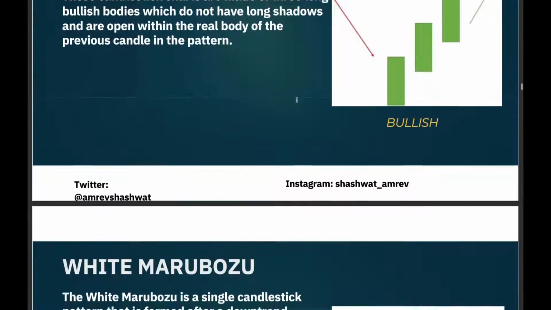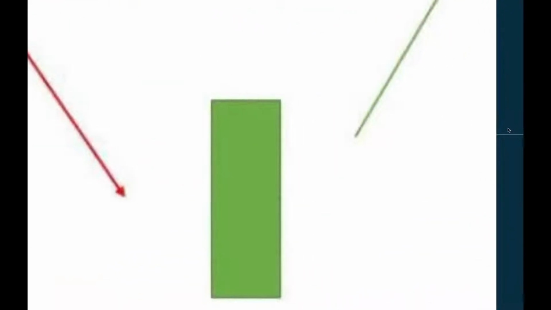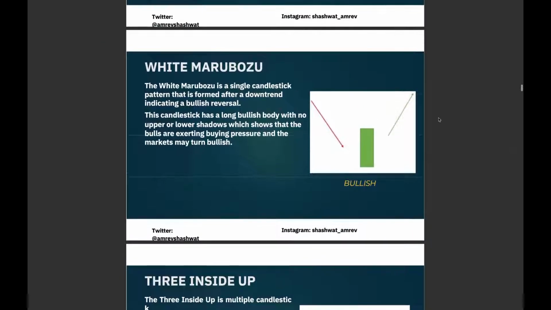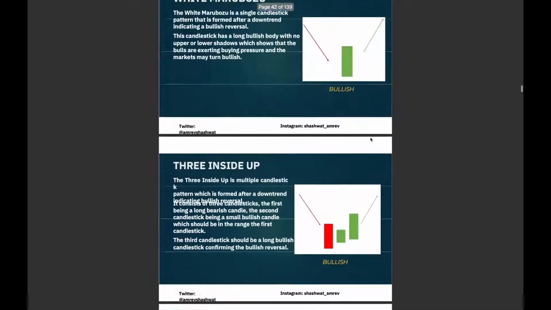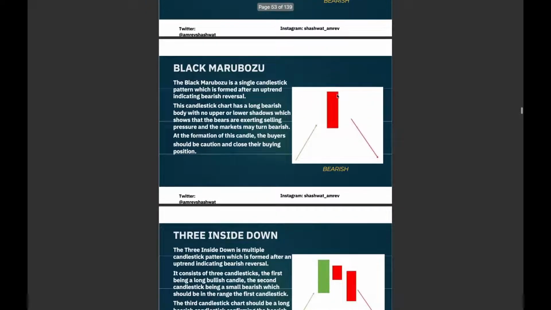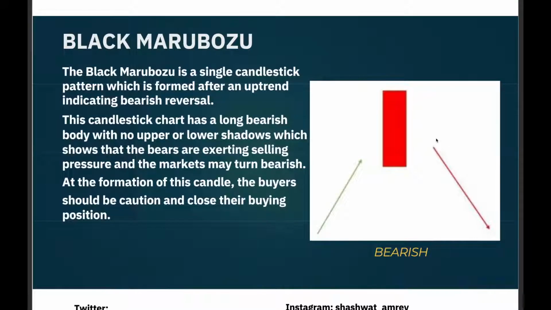Now we come to the white Marubozu candle. A white Marubozu is a single candle that indicates a bullish move. Single candle. Here there are three candles. After white, there's something known as black Marubozu, which is just the opposite of white Marubozu.